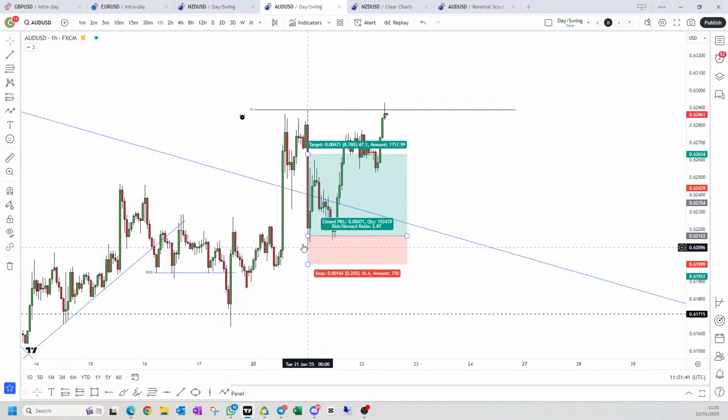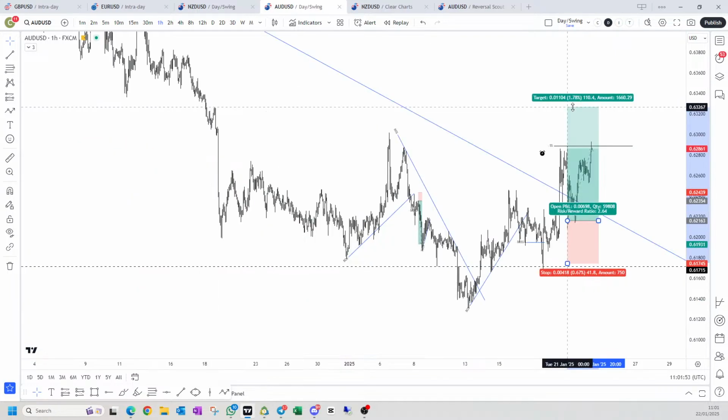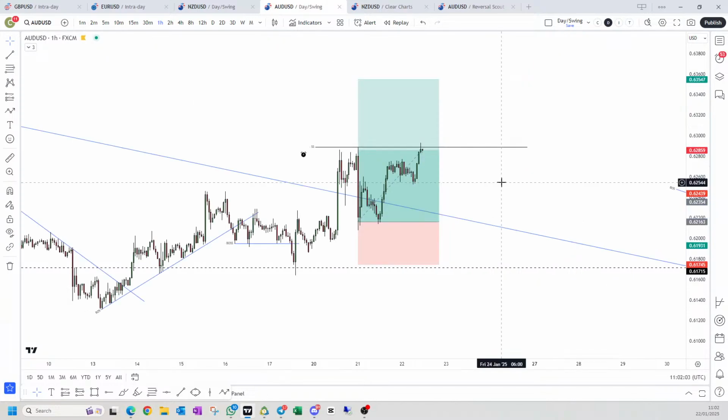Stops was below there. His TP1's just been hit, so he's made everyone like 1.8, and then his higher target was somewhere up here for like a 1 to 3. So yeah, we do have different mentors inside the VIP group. That's the benefit of having a team.